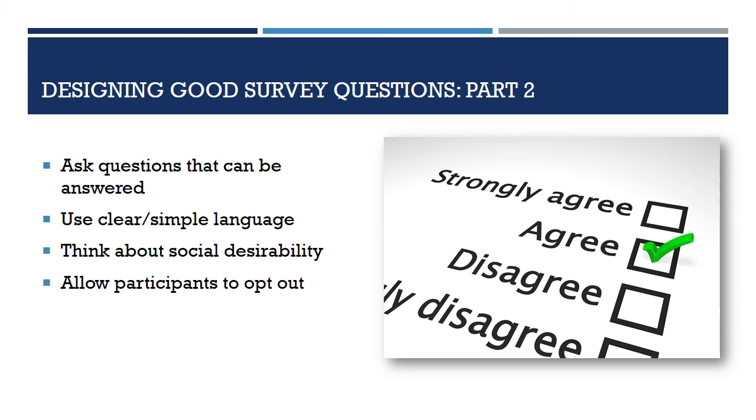I want to look like a good person, so I'm going to answer in a way that makes me look like a good person, but it may not actually reflect their feelings or experiences. And then finally, you want to allow participants to opt out. So going back to that piece on voluntary participation in the ethics part, you have to let people know that they can stop anytime, or you provide them with a neutral option in the Likert scale that basically allows them to answer in a way that is essentially an opt-out.